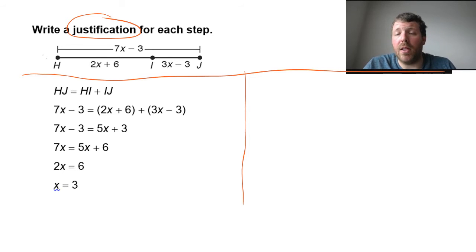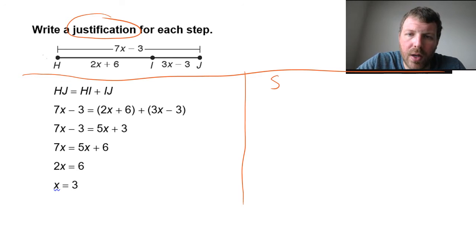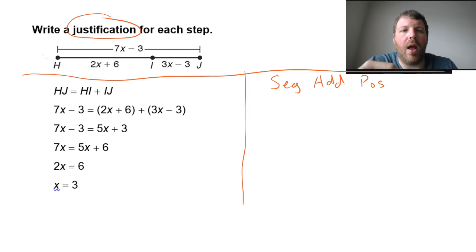They're adding the two segments together to get the whole. So this is the segment addition postulate, because it is the first statement after the given, after that picture.